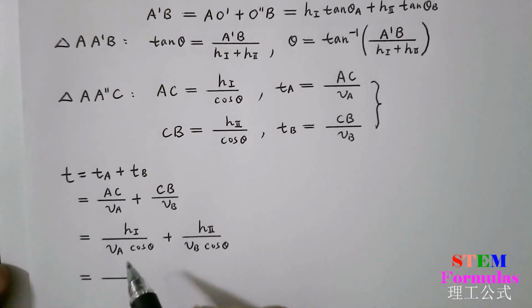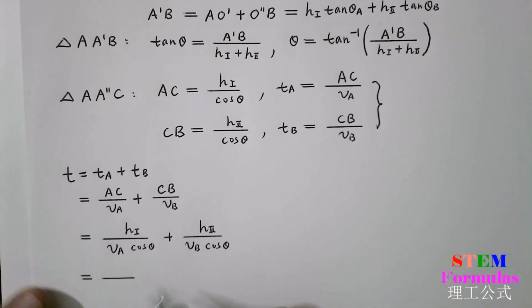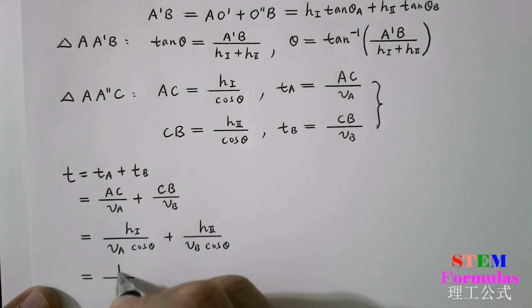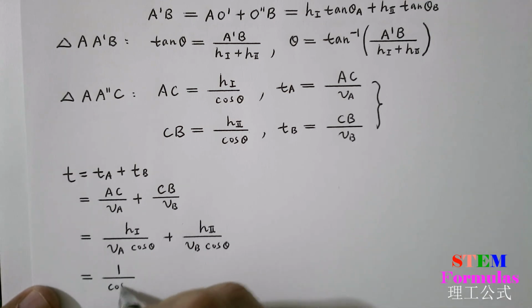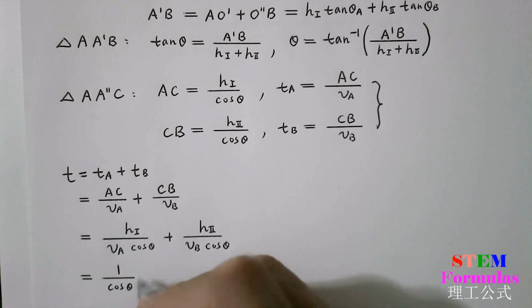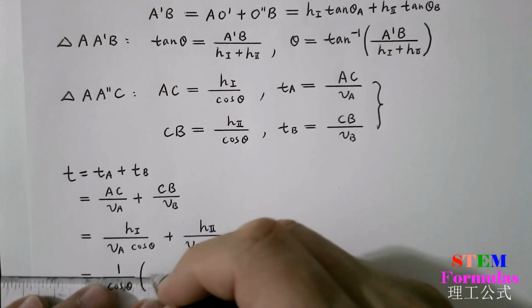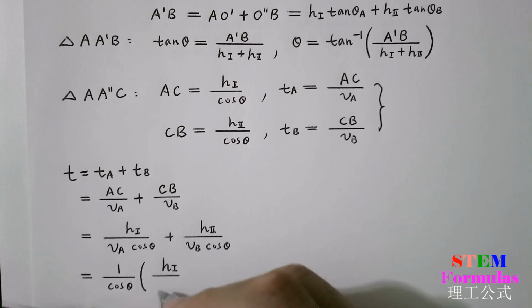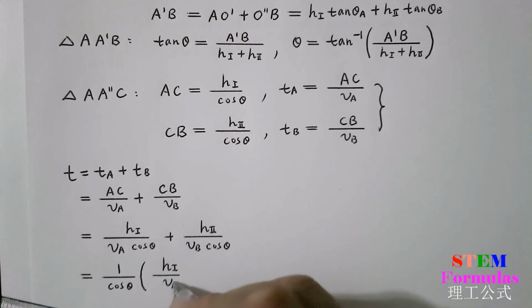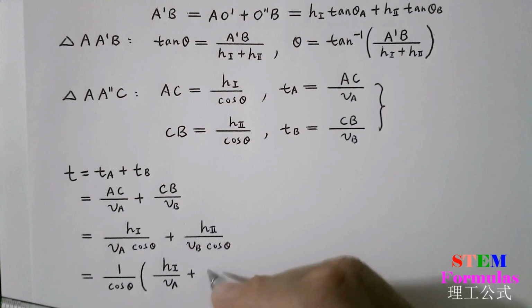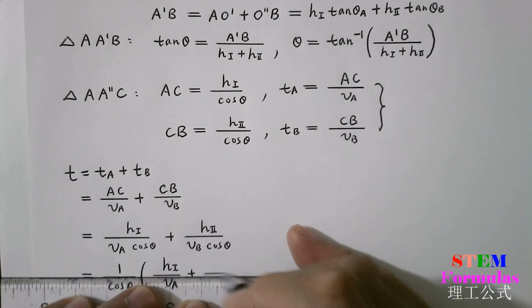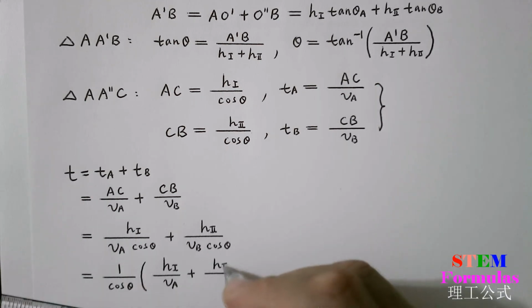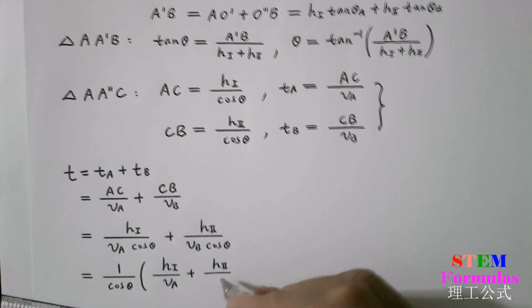I take 1 over cosine theta out. Then I have here H1 divided by VA plus H2 divided by VB.